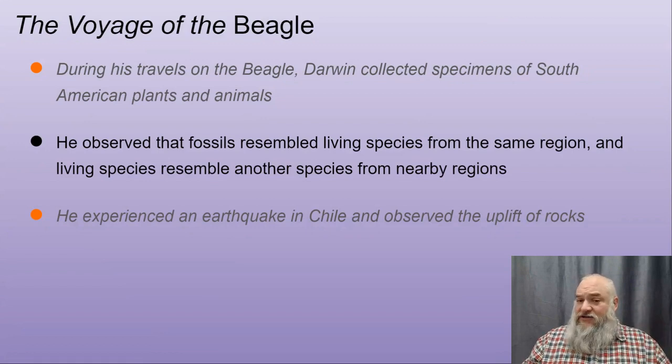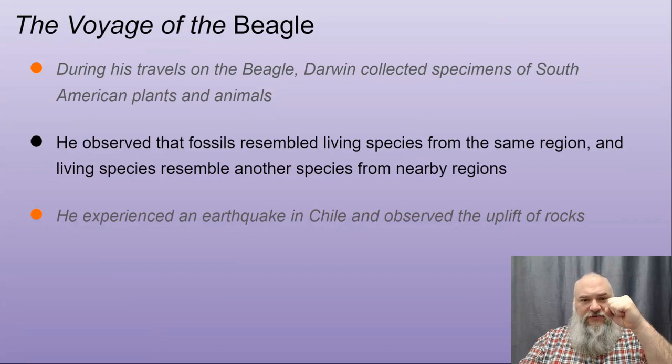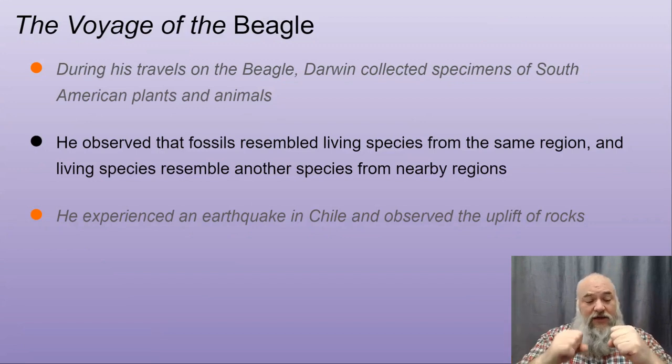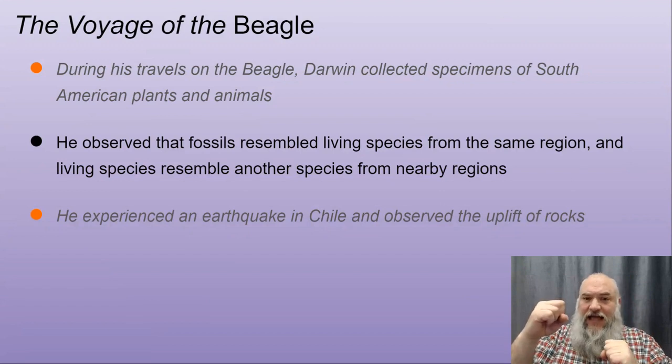The other thing he noticed was the similarities in geographic proximity. Okay, so if you had a group of species like birds here, they looked a lot more like the birds here than they did like the birds in England. Even if the birds here were in a climate like in England, and the birds here were just a little bit further inland and a little further north in South America, say in the jungle.